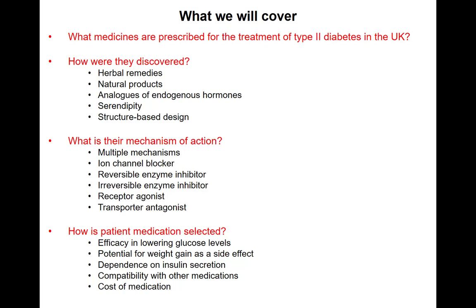And in the end, the clinicians need to make a kind of a complex decision on which drug to prescribe for which patient, and this is done by various criteria. First and foremost, it will depend on how effective the drug is in treating the patient and lowering their glucose levels.